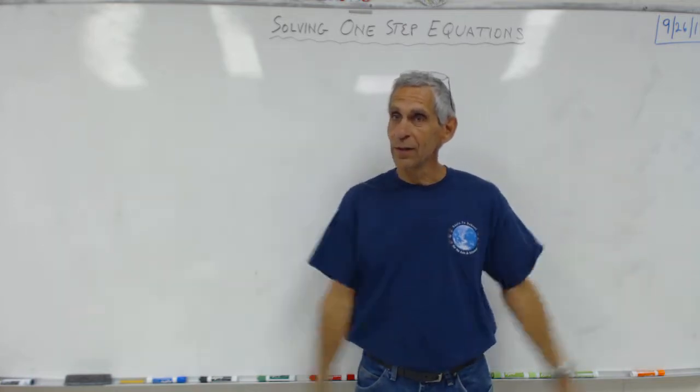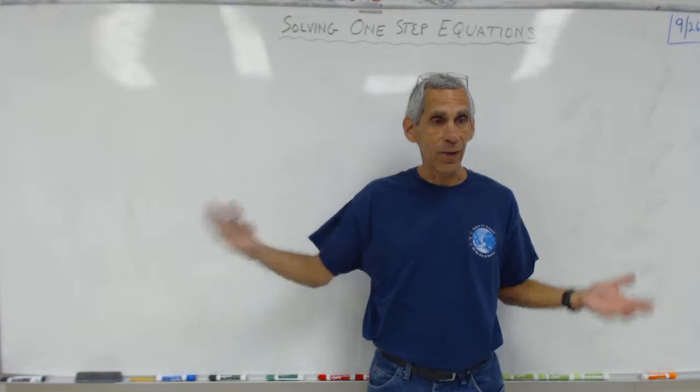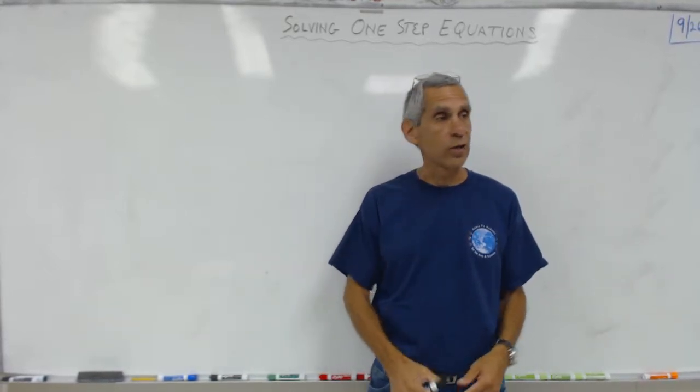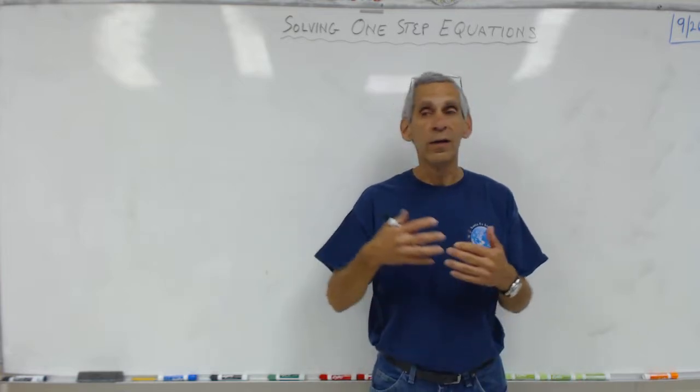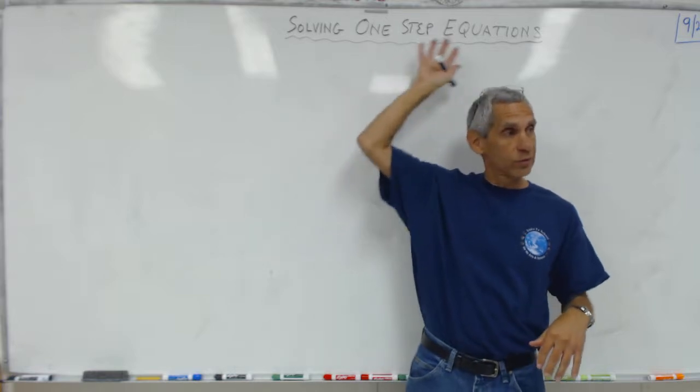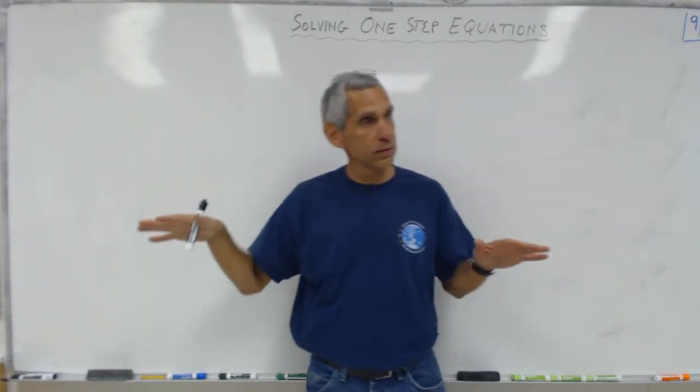Remember that lecture? We talked about adding and subtracting positive and negative numbers. We talked about multiplying and dividing positive and negative numbers. We talked about order of operation. We talked about evaluating an expression when x equals this and y equals that. Remember all those things?